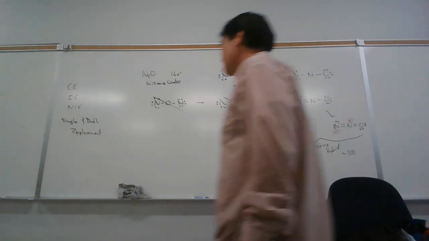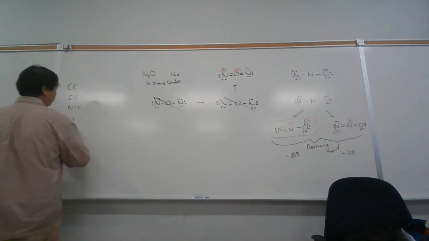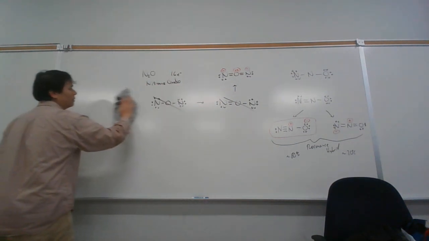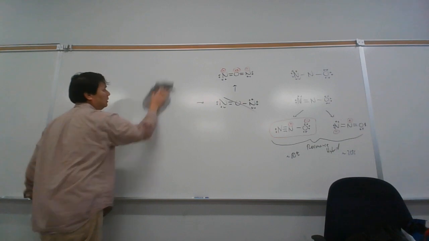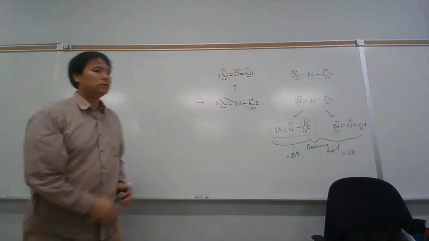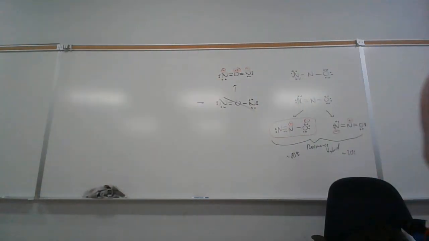And some of them aren't as stable as others. And so they have even names for certain resonance forms. And so in Chem 1A, we look at this also, but substituted.